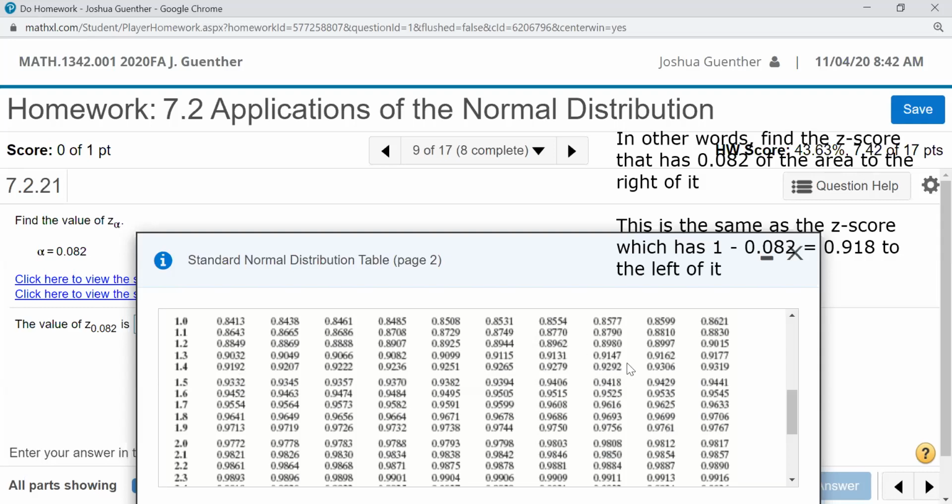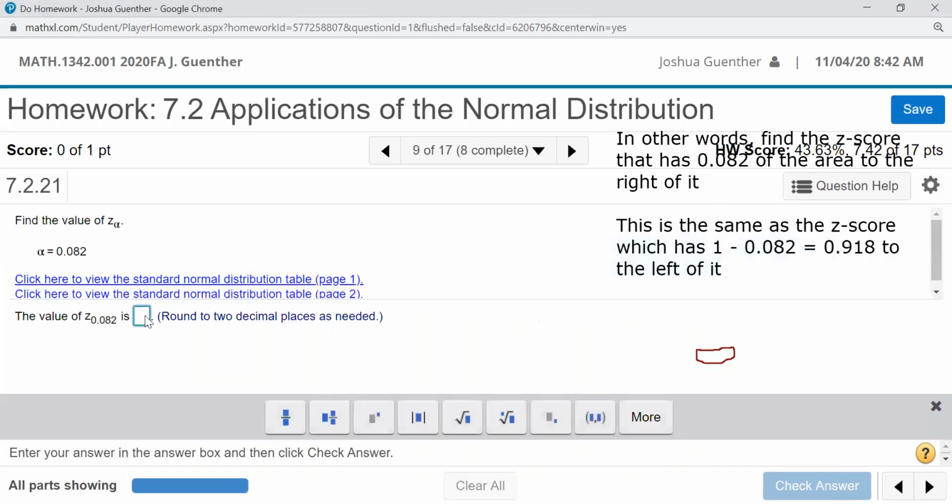I'm totally off. Yeah, okay, I'm sorry. I was looking at the wrong decimal point. No, this would be it. 0.9177 is about as close to 0.918 as we can get. This one goes a little too high. So that is the probability of being to the left. The Z-score then would be 1.39 because that's all the way down there.